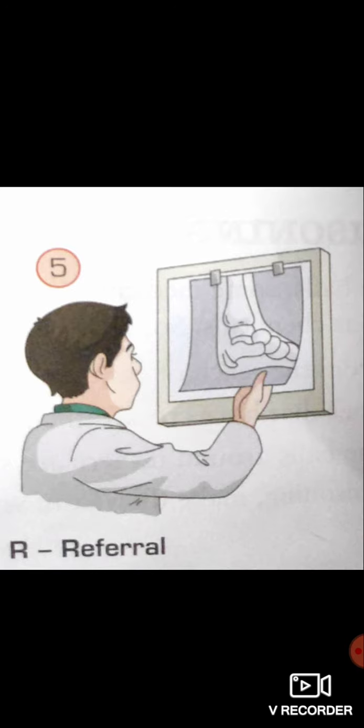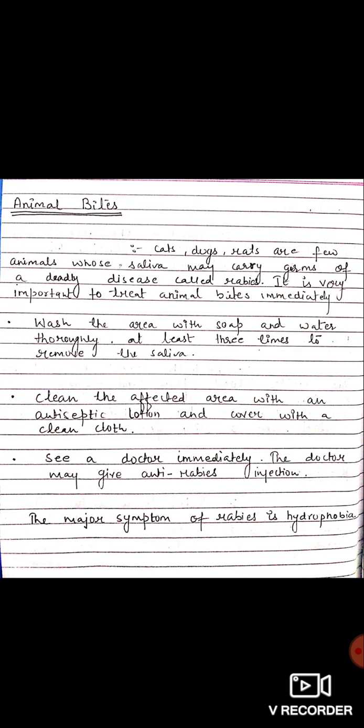So now let's talk about a new topic, animal bite. As we know, some animals like cats, dogs and rats are a few animals whose saliva may carry germs of a deadly disease called rabies.